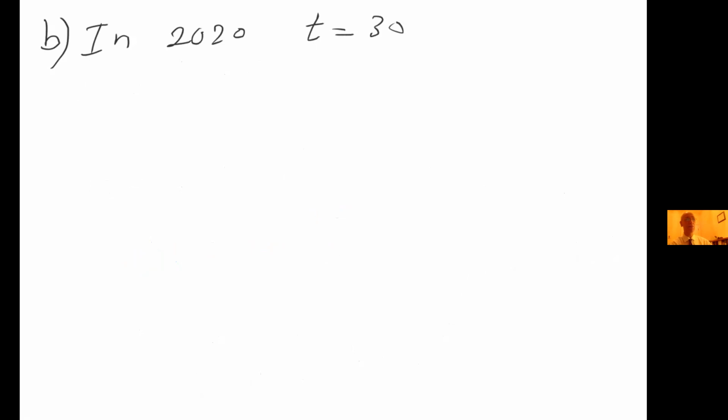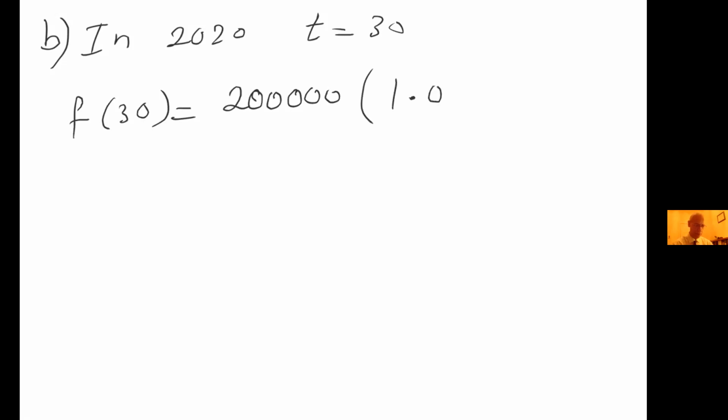Remember that in year 2000, the value of t was 0 because we started from year 2000. So f of 30 equals, we know that our a is 200,000 times our b, which was 1.0284 to the power of 30.